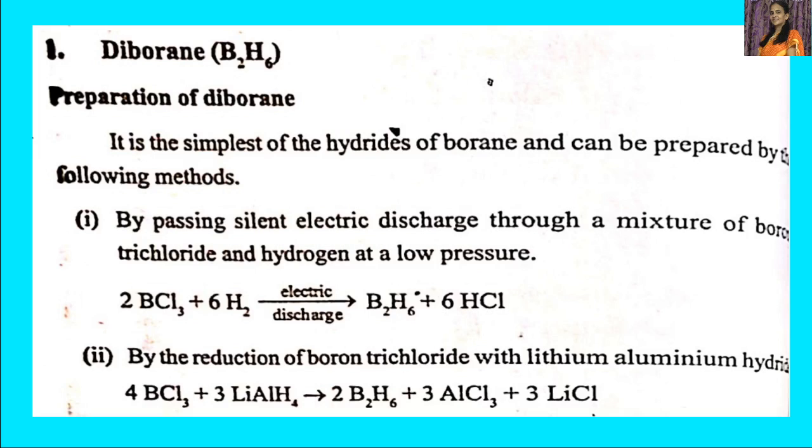To balance the equation: 4BCl3 plus 3LiAlH4 gives 2 moles of diborane plus 3 moles of AlCl3 and 3 moles of LiCl. So these are the two preparations from BCl3: one from BCl3 and H2, the other from BCl3 and lithium aluminum hydride reduction.